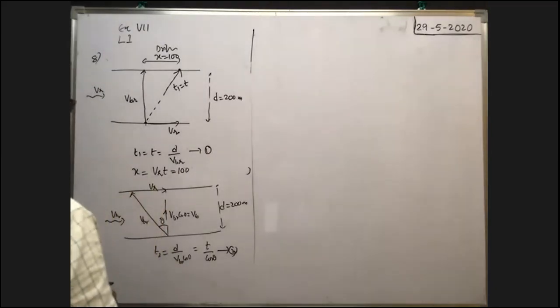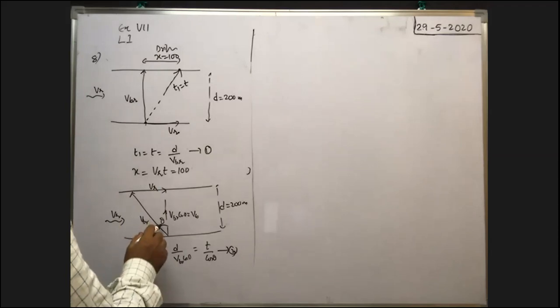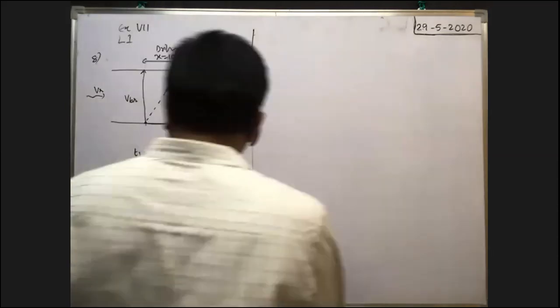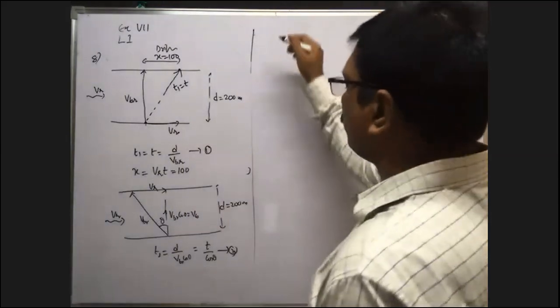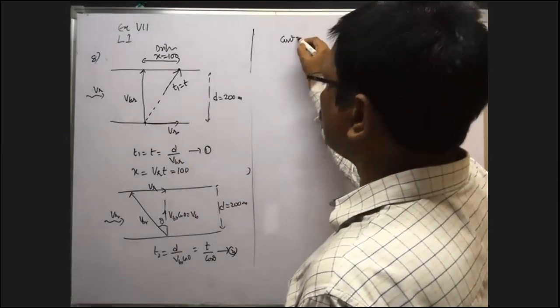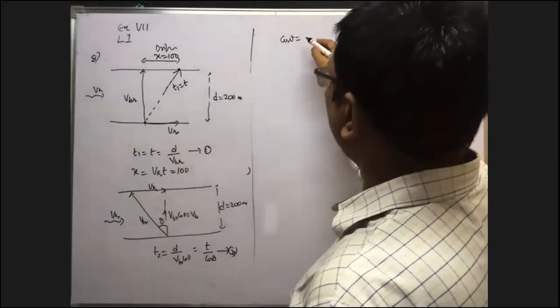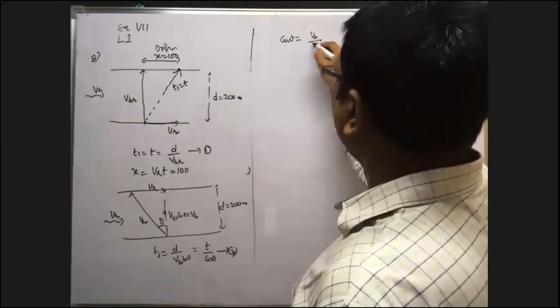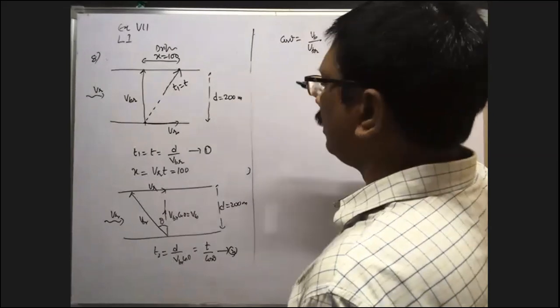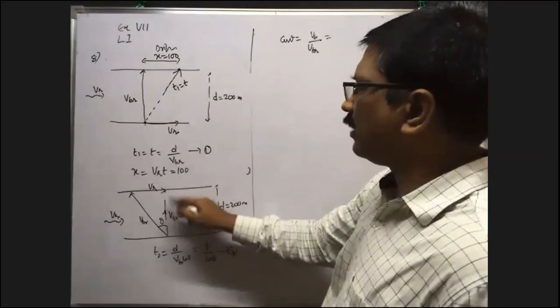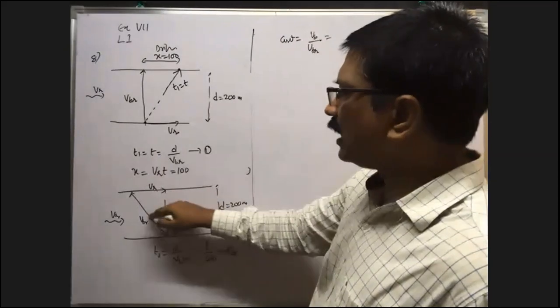From this, how can we write cos theta? From the diagram, cos theta is equal to adjacent, VB, by hypotenuse, VBR. How can we write VB? VB is equal to square root of VBR square minus VR square.